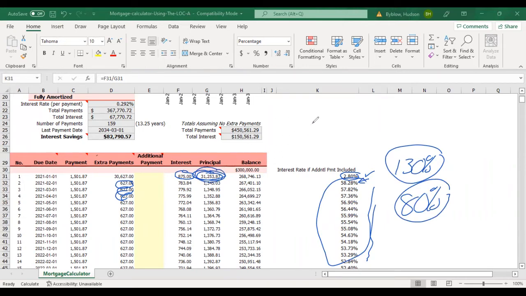Now, some people would say, why didn't you just get a mortgage that was only $270,000 instead of a mortgage of $300,000? And here's the thing. If we had gotten a mortgage at $270,000, we would just skate down the mortgage curve like normal.